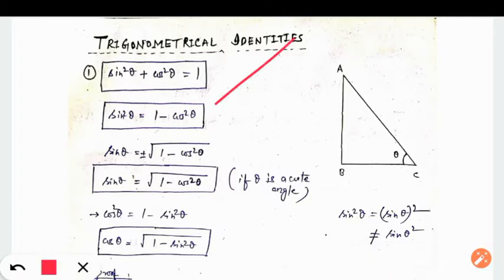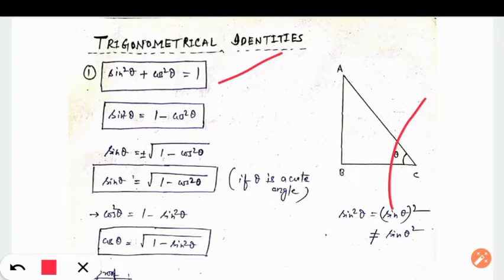It says when we do sine square of this angle plus cos square of this angle, we will get 1. If this angle C is represented by a Greek symbol theta, then sine square theta plus cos square theta gives you 1.